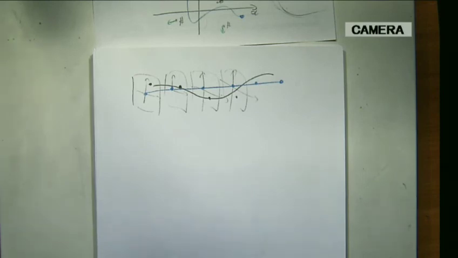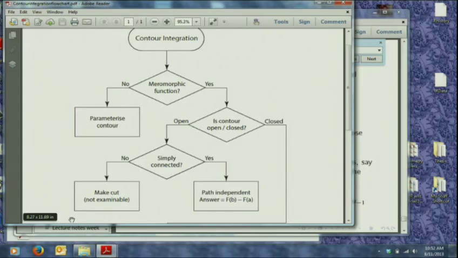Okay? So that's where this thing here on the computer screen is saying that you've got a meromorphic function, is the contour open or closed? Is it open, which means that it goes from one point to another and not back to where it started? And therefore, is it simply connected?